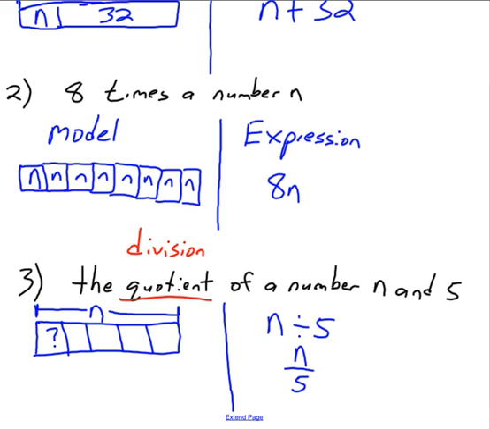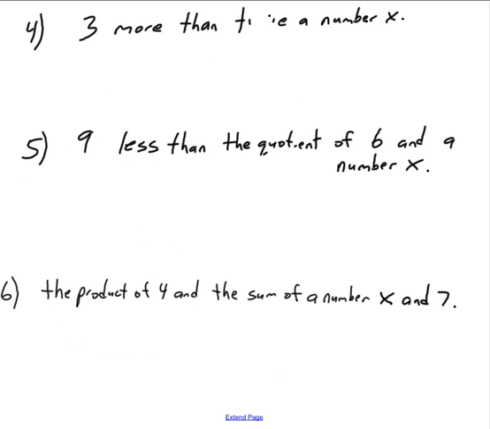Okay, so on the next one here, we've got a couple things going on in each of these. We have 3 more than twice a number x. Okay, so we have a couple things going on. We have 3 more than, and then we also have twice a number x.